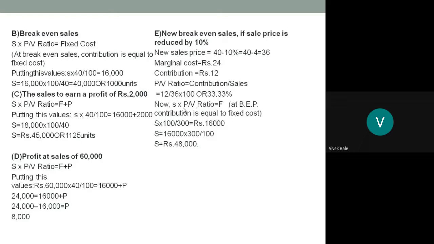Now sales into PV ratio is equal to fixed cost, because at the break-even point contribution is equal to fixed cost. Therefore sales into 100 divided by 300 is equal to 16,000. So sales is equal to 16,000 multiplied by 300 divided by 100. The new break-even sales would be rupees 48,000.